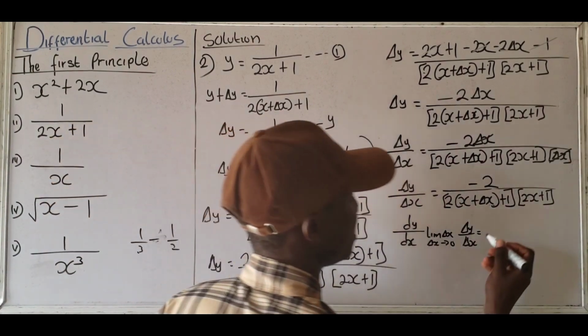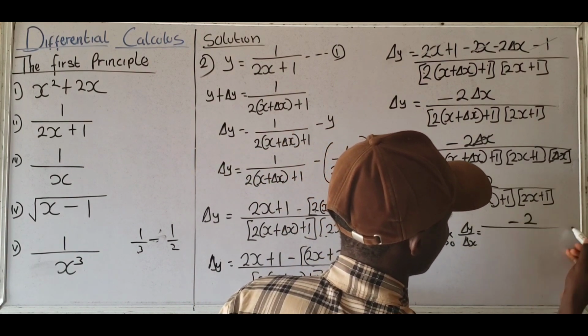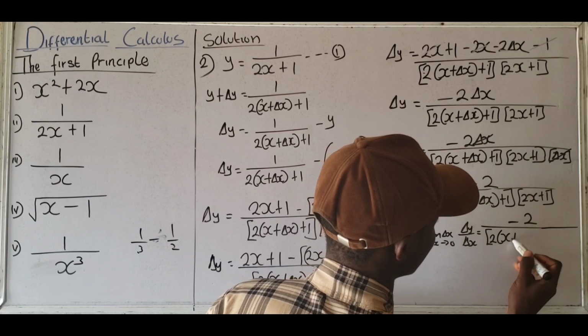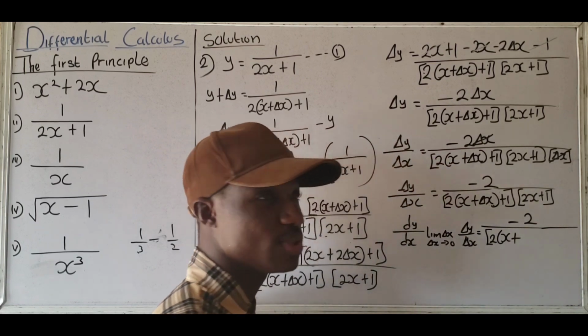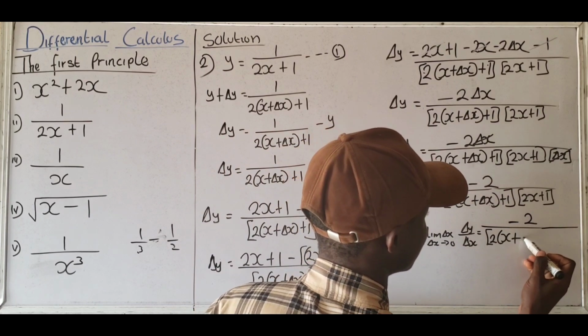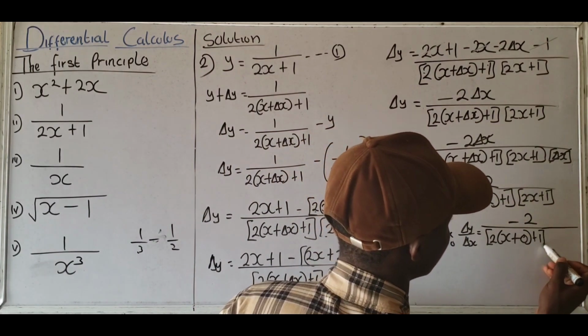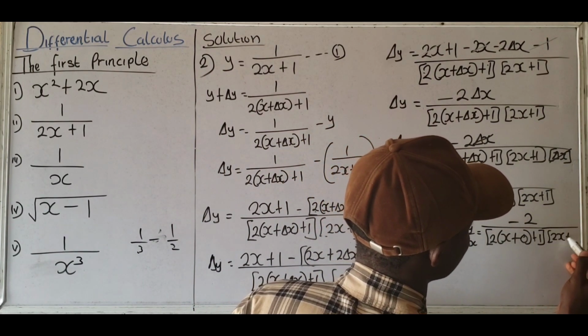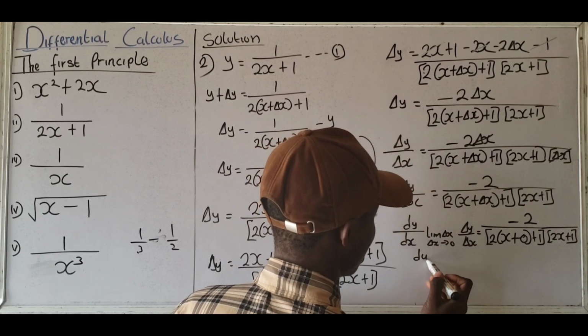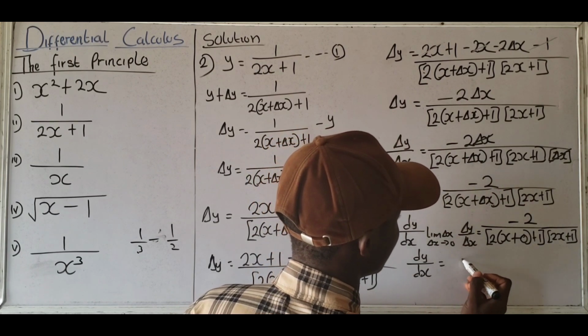So let us proceed. Here I'm going to have negative 2 all over 2 into bracket x plus delta x. Now, anywhere I see delta x, I'm going to replace it as 0, okay? So I'm going to have x plus 0 plus 1, 2x plus 1, okay?